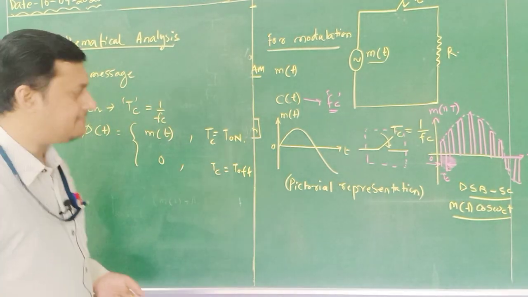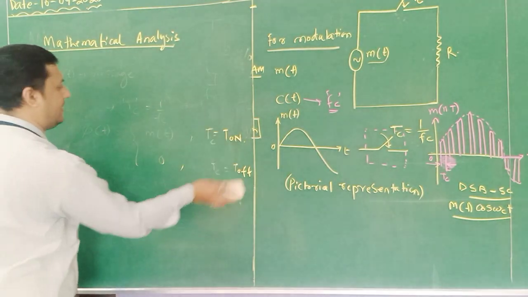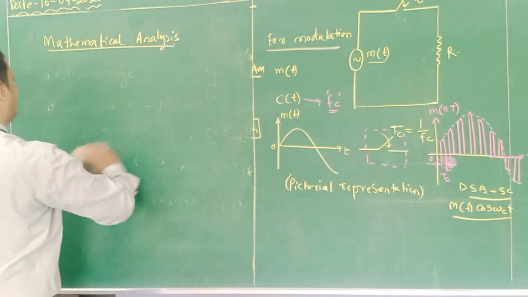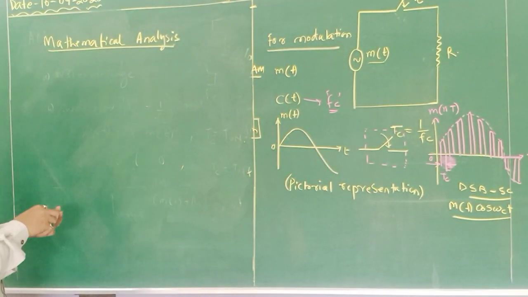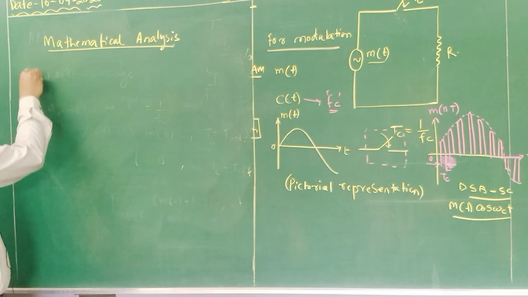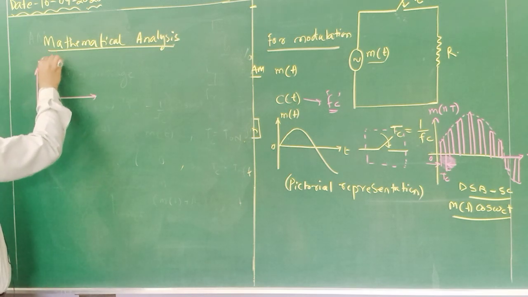Okay. For that, I am representing that impulse train so that the same information we will represent. Okay. So first, the message signal is available, m of t.